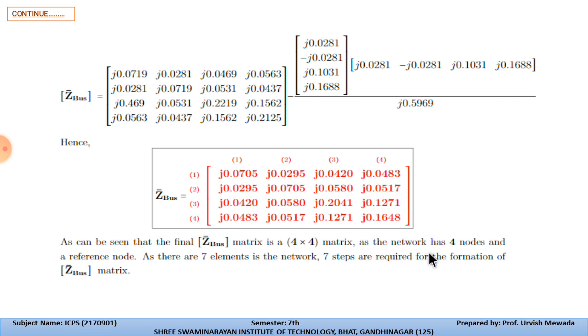The network has 4 nodes plus a reference node, and as there are 7 elements in the network, 7 steps are required for the formation of the ZBus matrix, because we have 7 elements and 4 nodes. So the ZBus will become a 4 by 4 matrix.